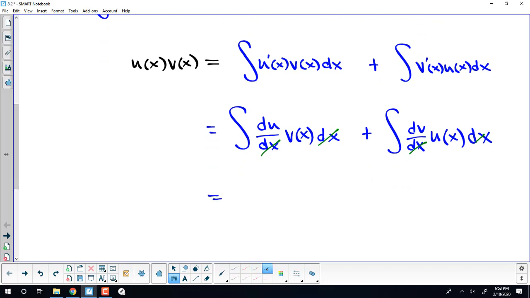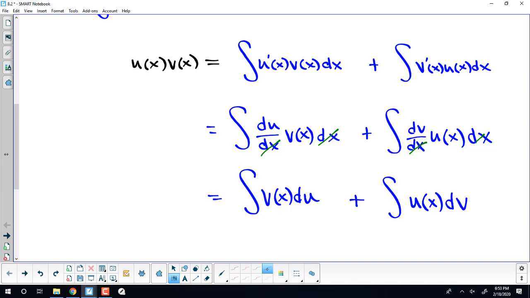So what we have is the integral of v du plus the integral of u times dv. So it's not that the dx, the integration with respect to x, isn't there anymore.